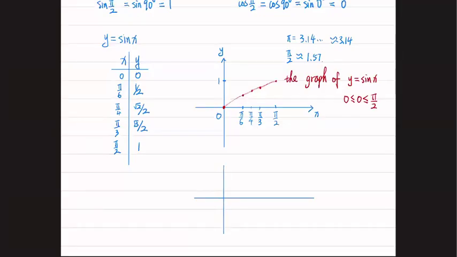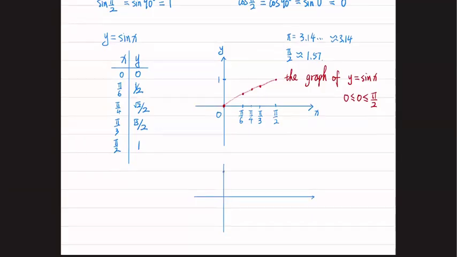I'm going to make a copy of the points and ask you to draw the cosine function. Mark this 1, pi over 2.